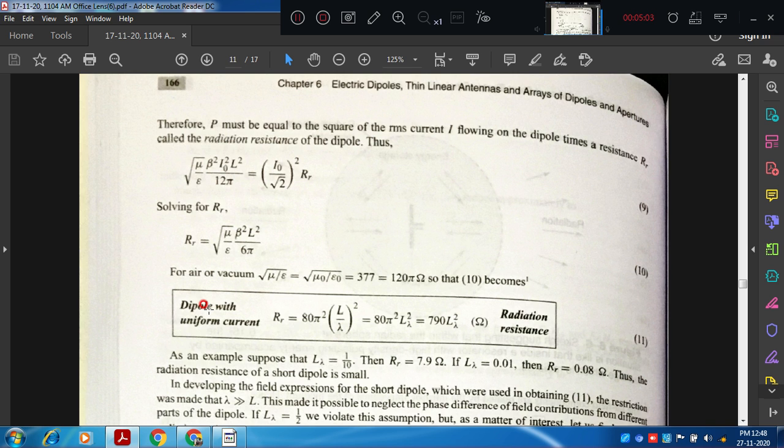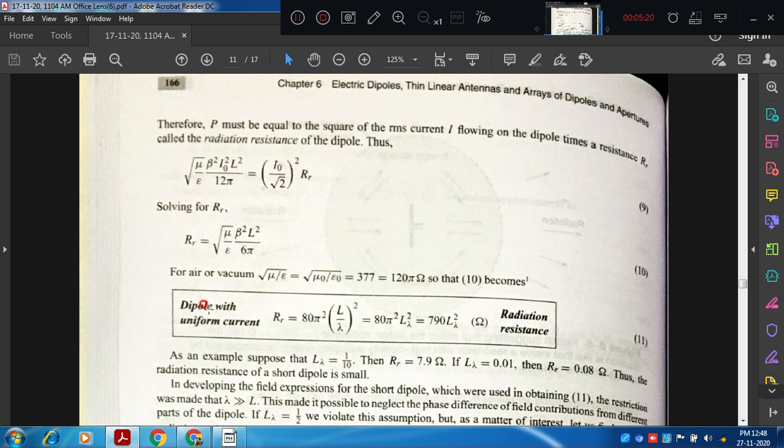Solving for R_R, that is the radiation resistance, R_R is equal to under root mu by epsilon, beta square L square by 6 pi. For air or vacuum, mu by epsilon is what, 377 or 120 pi, right?